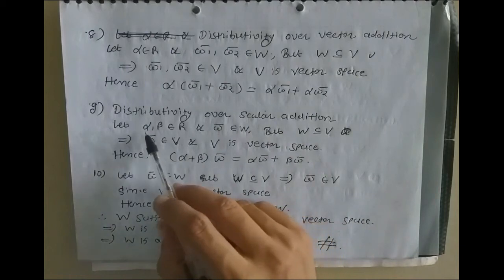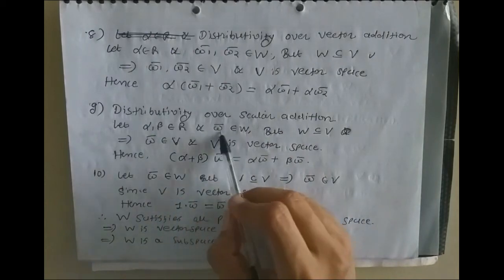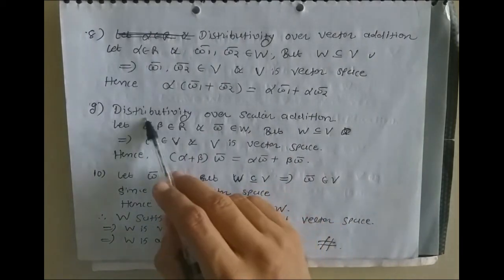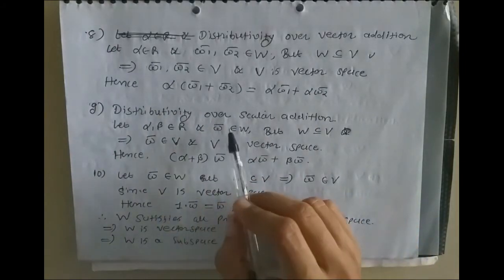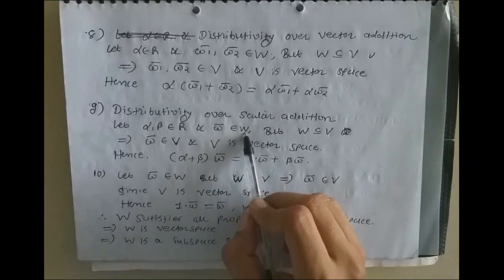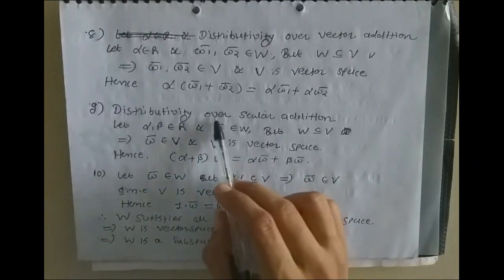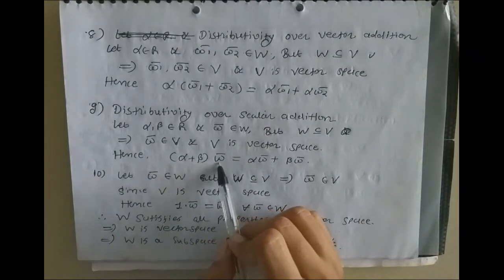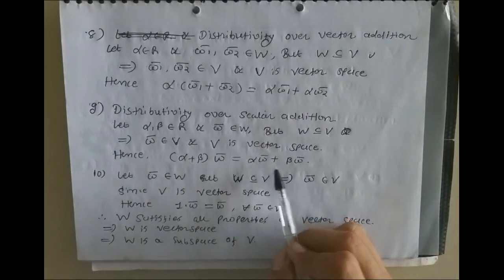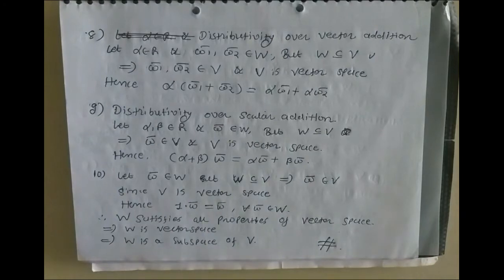So these two scalars alpha, beta and vector W bar satisfy the distributivity over scalar addition. So we get alpha plus beta times W bar is equal to alpha W bar plus beta W bar.